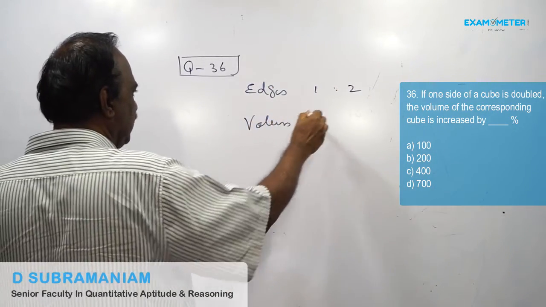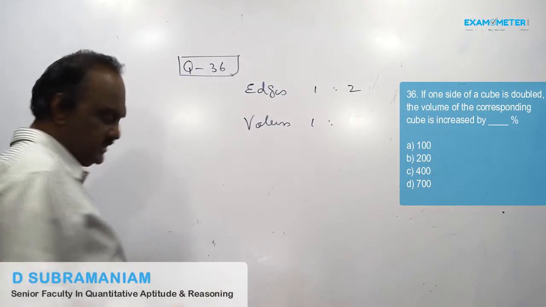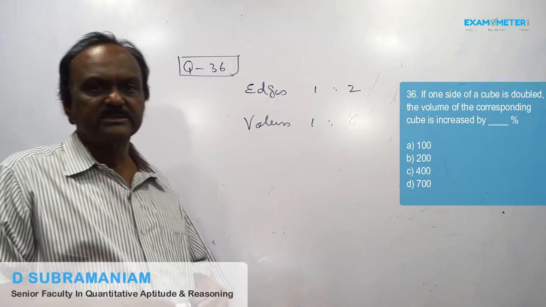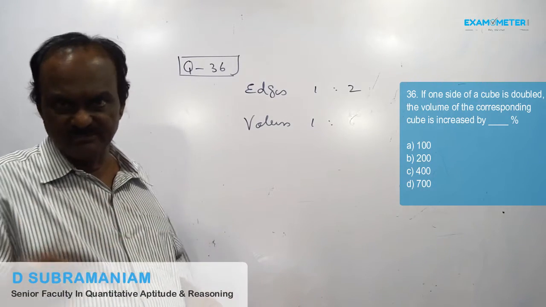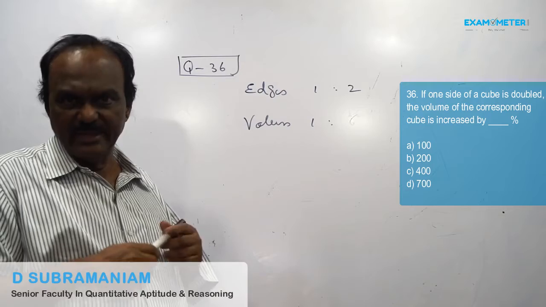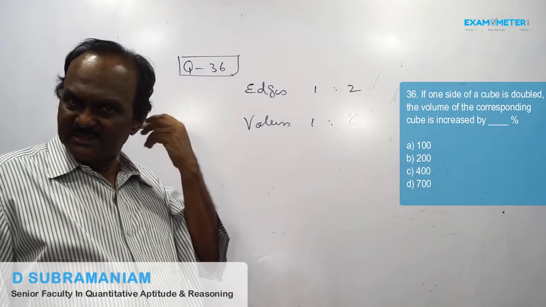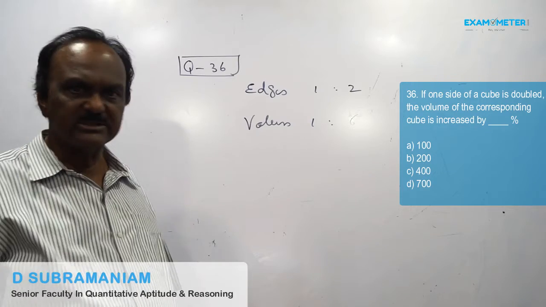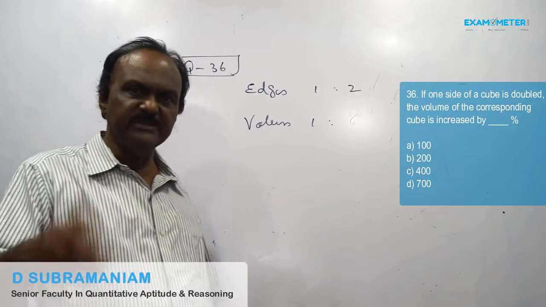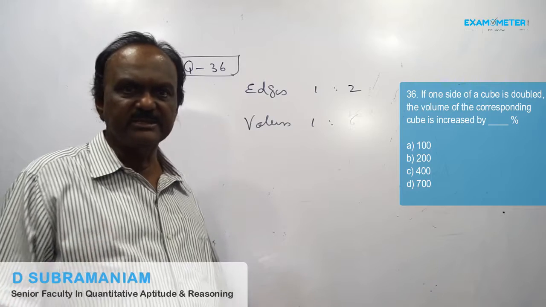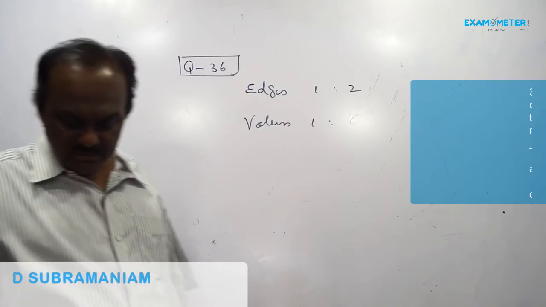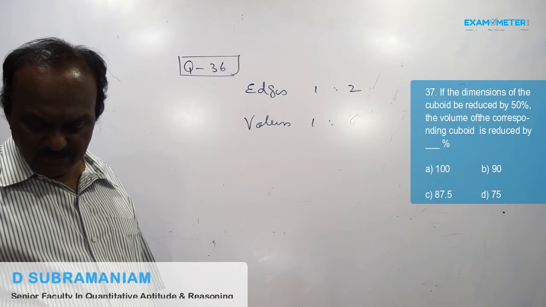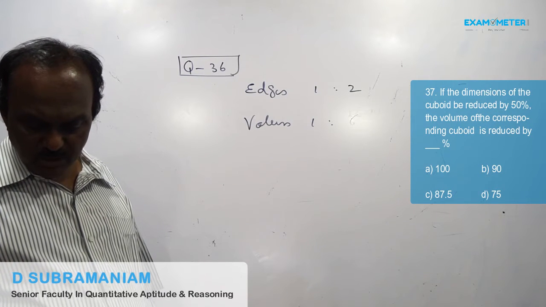So ratio of the volumes is 1:8. That means 7 is the increase. 1 has become 8. They are asking percentage wise, so it will become 700. So the answer is 700.